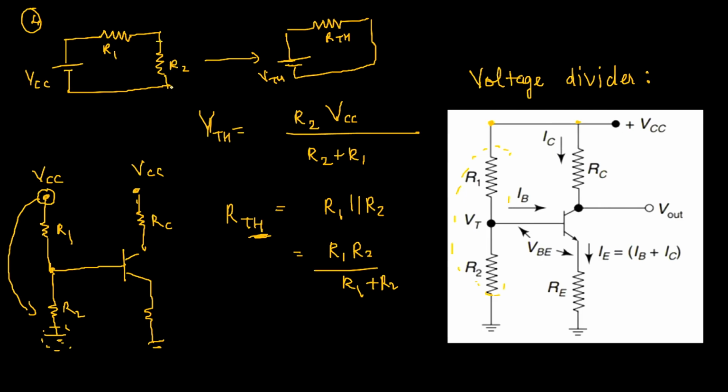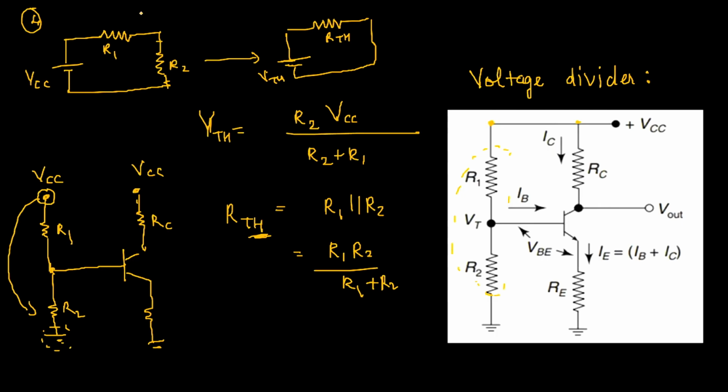So you can see that the resistor R2 is in parallel to this particular potential source. The easiest way to calculate VTH for all of these simple circuits is to look at the resistor which is connected in parallel with your potential source and calculate what the voltage across that particular resistor is.